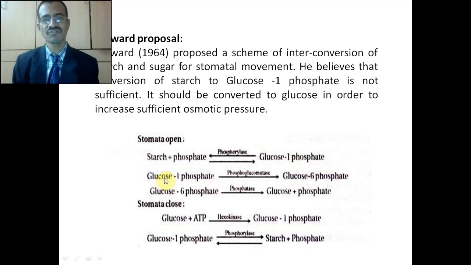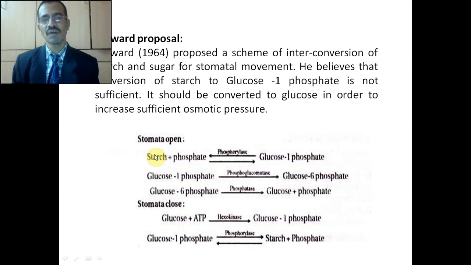This glucose 1 phosphate is interconverted to glucose 6 phosphate, its isomer, in the presence of phosphoglucomutase. And this glucose 6 phosphate loses the phosphate in the presence of the phosphatase enzyme. So finally glucose and phosphate are released.